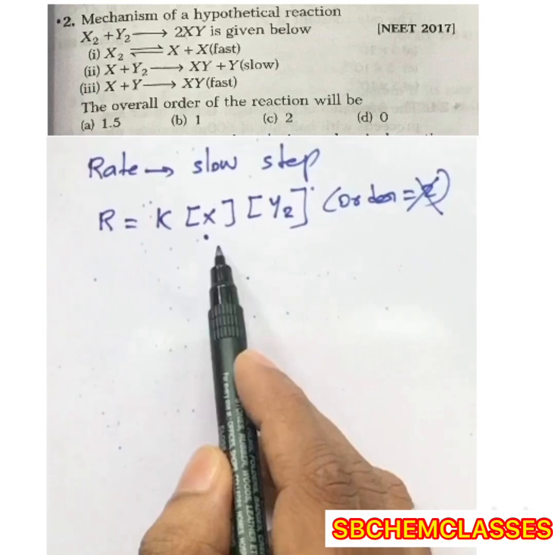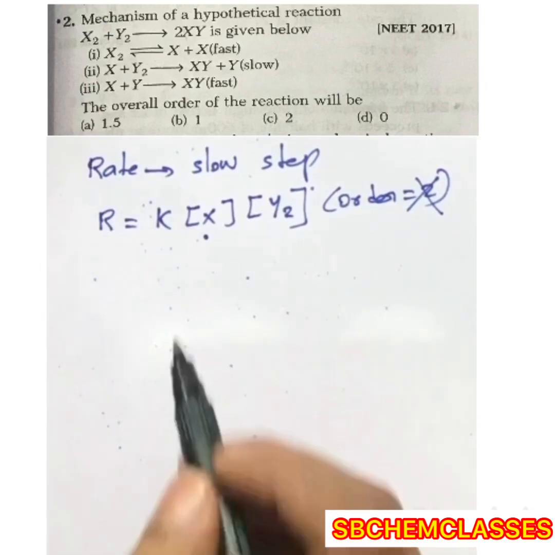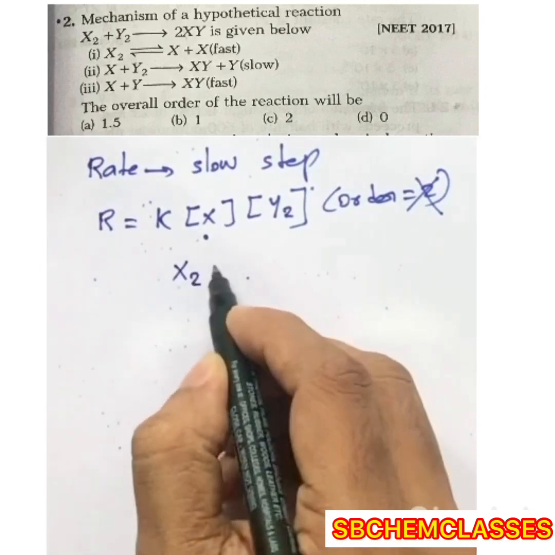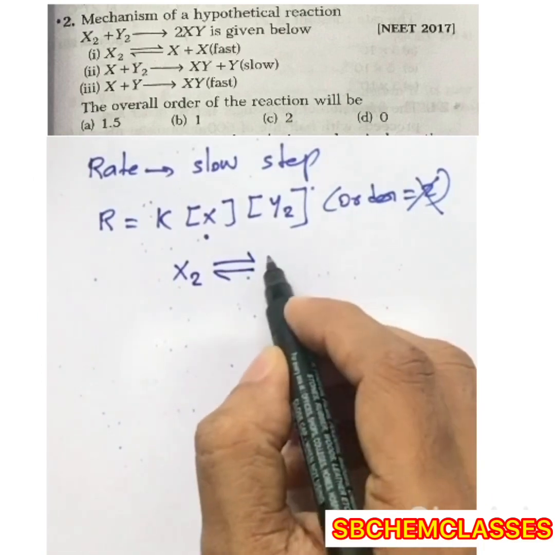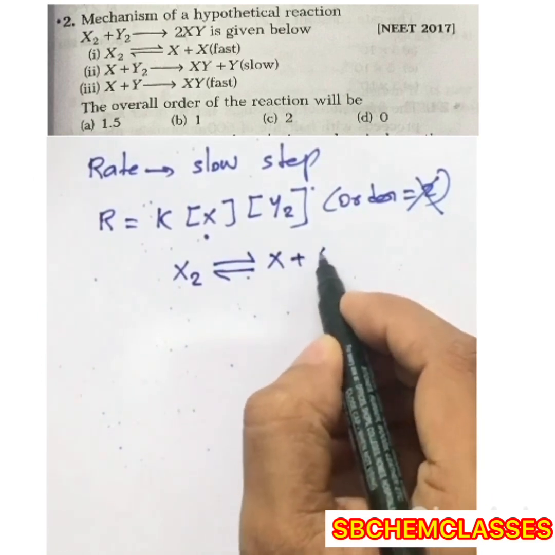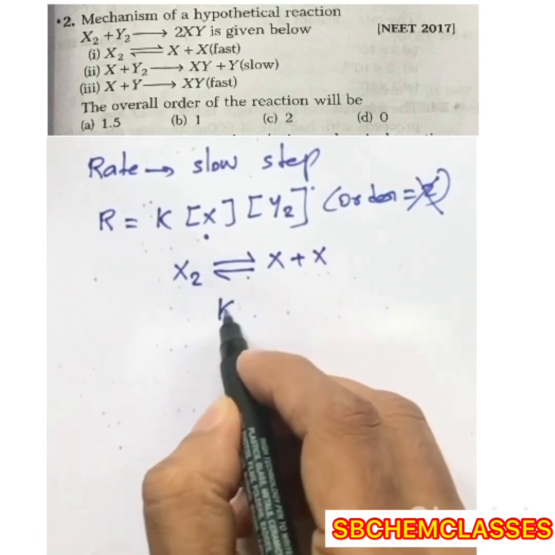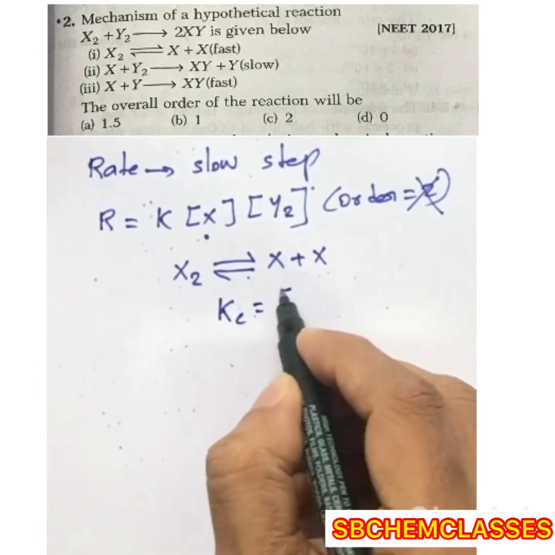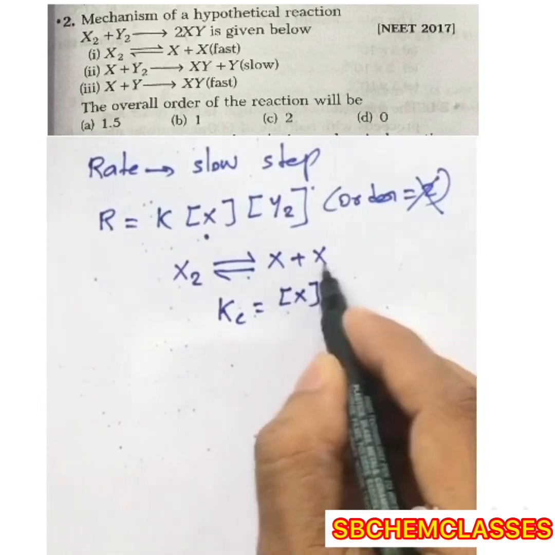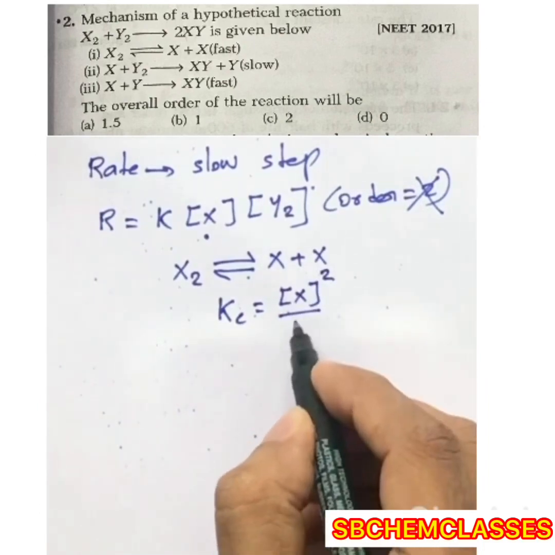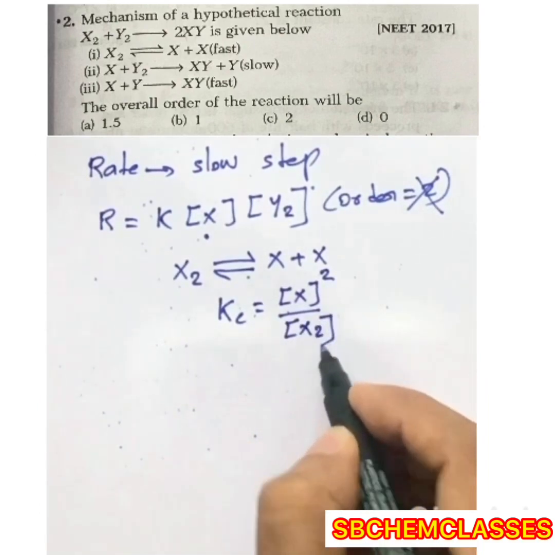It is formed in the first step. What is the first step? X2 is converted to X plus X. Since it is in equilibrium, we can write the equilibrium constant: concentration of X square by concentration of X2.